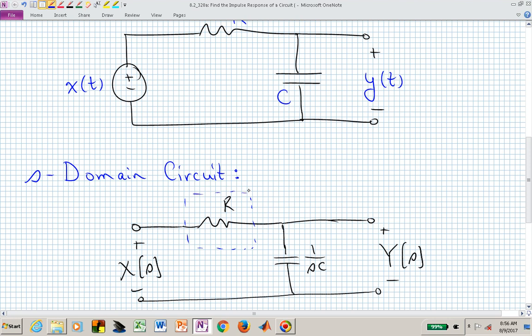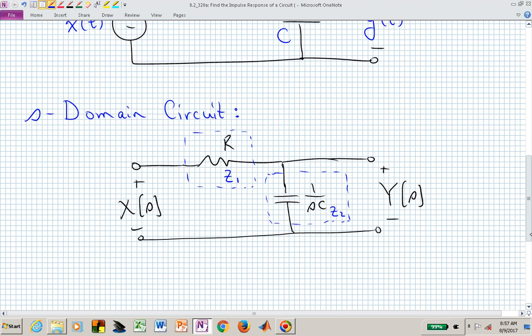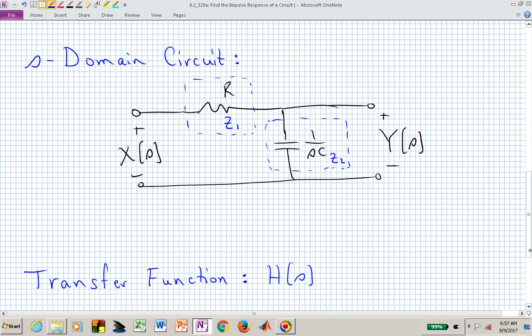If we want to, we could call this particular resistance and impedance Z sub 1, and this particular energy storage device has a particular impedance Z sub 2, but in general, anything could be in those boxes for Z sub 1 and Z sub 2. And we can now look at finding the transfer function, capital H of S, between the input X and the output Y in terms of these general impedances Z sub 1 and Z sub 2.